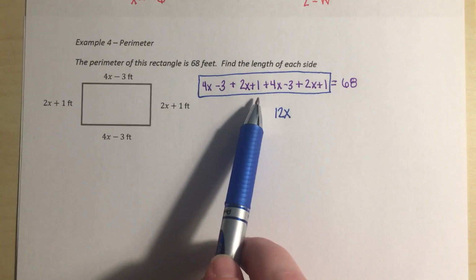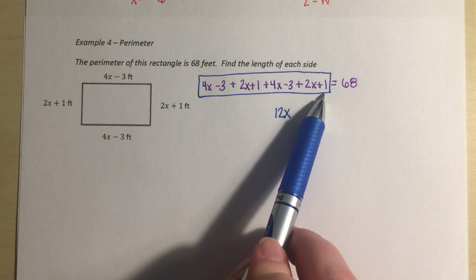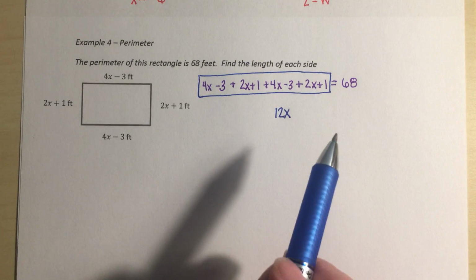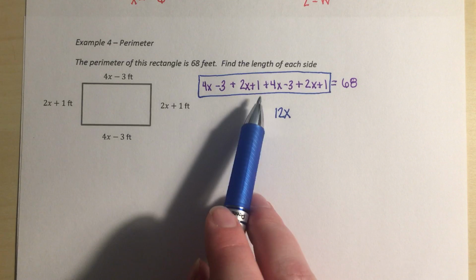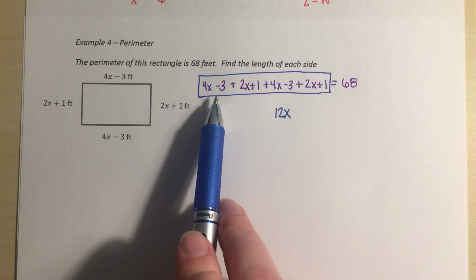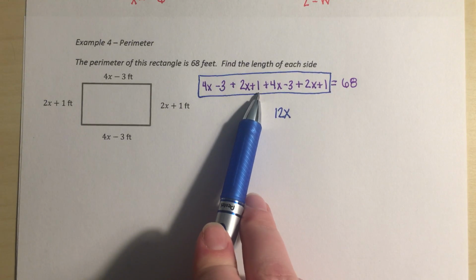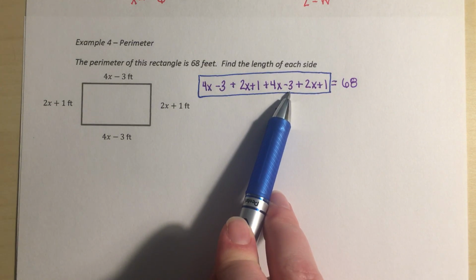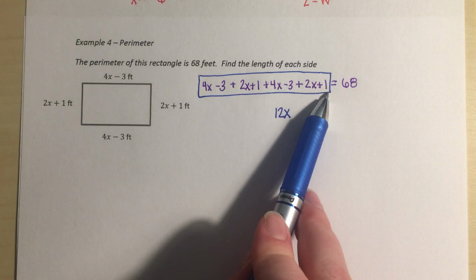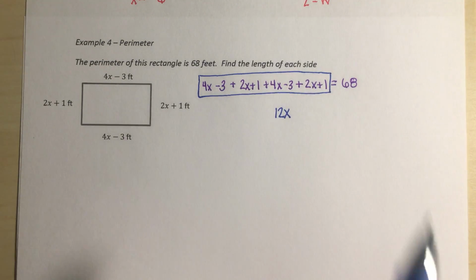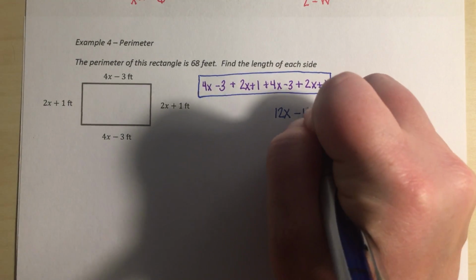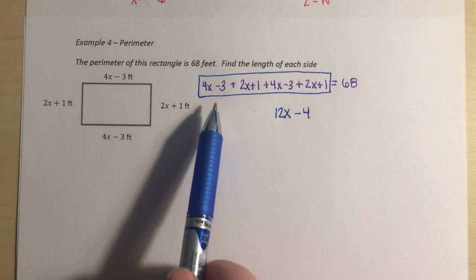Then I have a negative 3, plus 1, a negative 3, and another plus 1. We're going to combine all of our constant or number terms together. Negative 3 plus 1 is negative 2. I add another negative 3, I have a negative 5, and another positive 1 gives us a negative 4. Or we could combine our negatives together.